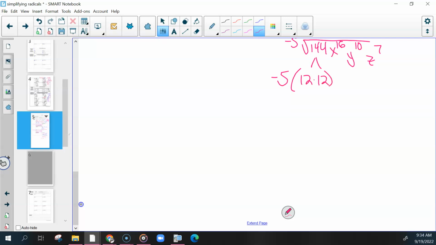Do you want factor tree method for the variables too? Do you want us to write out all the x's, y's, and z's? Yes.